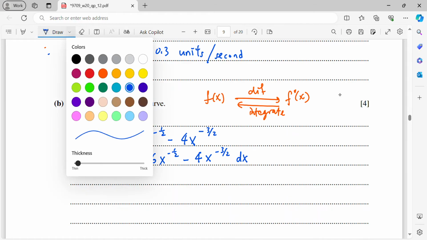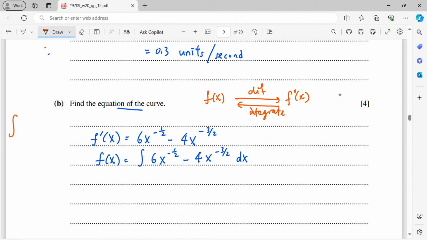Now, for your information, when you integrate ax to the power n dx, whereby a is a constant, you can just take out the a and integrate x to the power n dx. As long as n is not minus 1, you can just use this formula. You always add 1 to the existing power, then divide by the new power, and then plus c. This formula is valid whenever n is not minus 1.